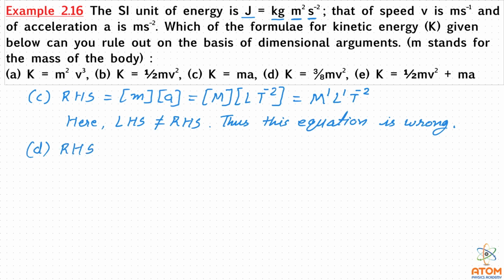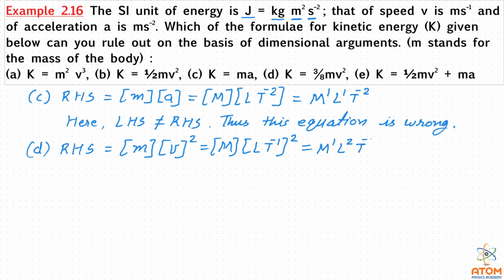And so in right hand side I have to start from the dimension of m, mass, and then velocity v and square. And the dimensional formula of mass again is capital M. For velocity it is L and T minus 1, but raised to square. So as a whole, this gives us M1 L2 T minus 2.